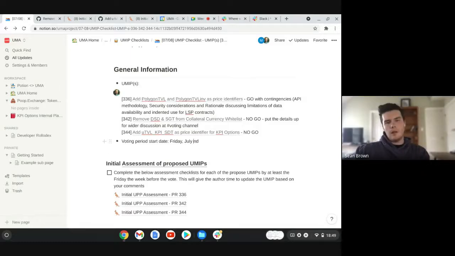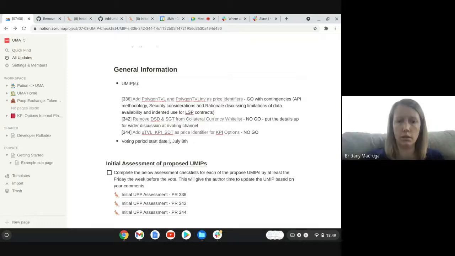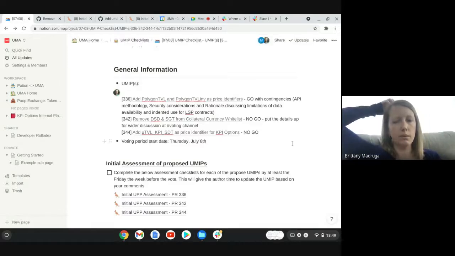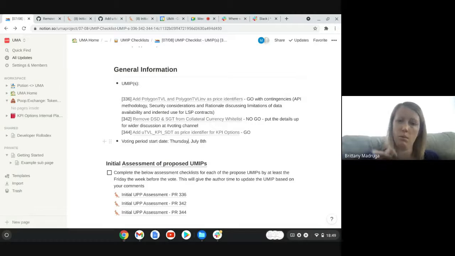I think they have the same blockers as the PolygonTVL UMIP. Pretty much. I would say go with contingencies in case they pull it together. I wouldn't want to prevent that from going through if they're able to. I just think we have the expectation that it's probably not going to be fulfilled.